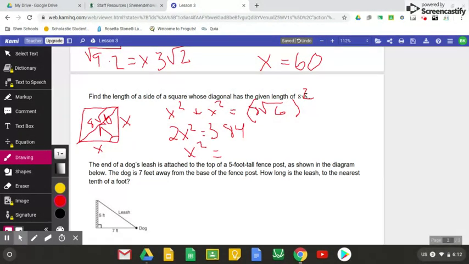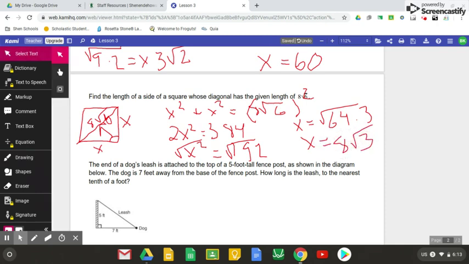Divided by 2, I get 192. Take the square root of both sides, and guess what? We have to simplify this radical. So x is going to equal. What multiplies to 192? Oh, hey, 64 times 3 is 192. So I take the square root of 64, and I get 8 radical 3 as my final answer.